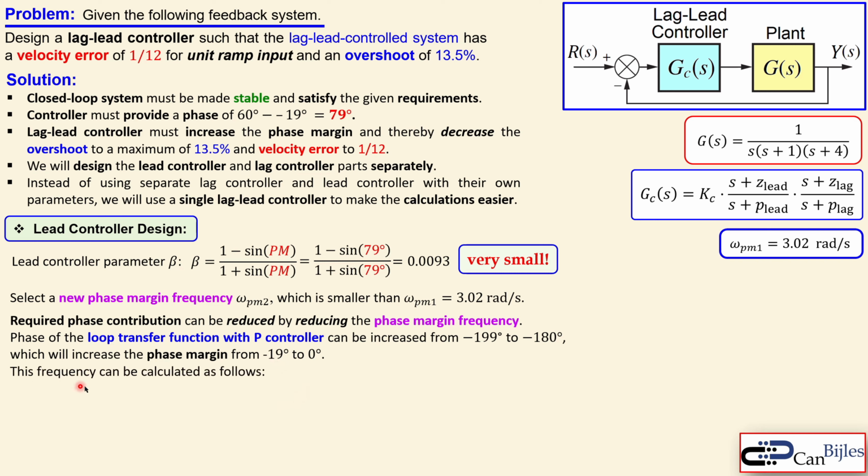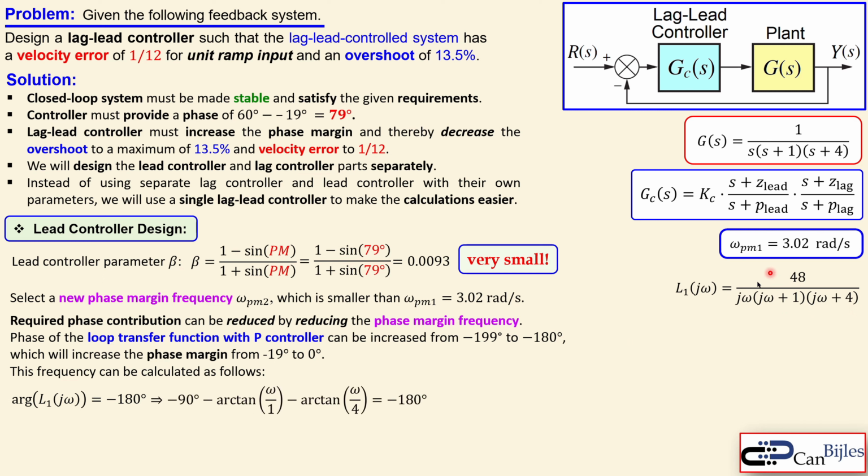Now this frequency can be calculated using the argument of L1, and that equates to minus 180 degrees, which is at the edge. That means we now increase the phase contribution of the original P control system by 90 degrees to get the 0 degrees. And remember, this was the L1 for our P control system. So we now express the argument formula here, equate that to minus 180 degrees and solve this, and you get exactly 2 radians per second.